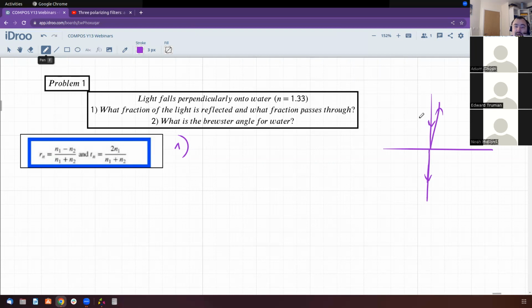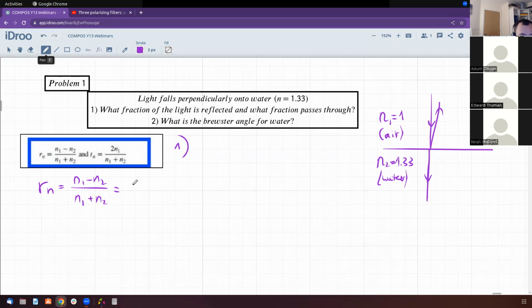Now, what we're dealing with, N1 is going to be 1 because that's air, and N2 is 1.33, that's water. So very simply, Rn is equal to N1 minus N2 divided by N1 plus N2. Interesting.